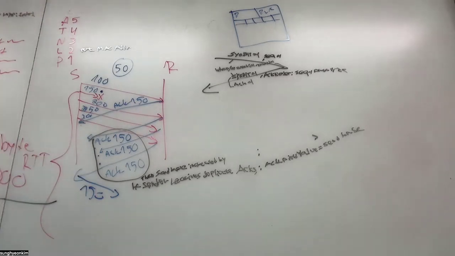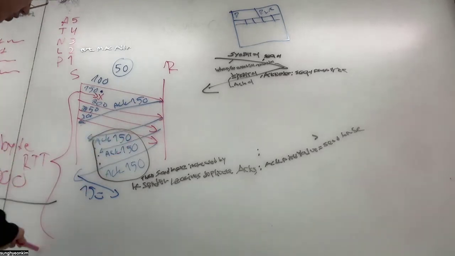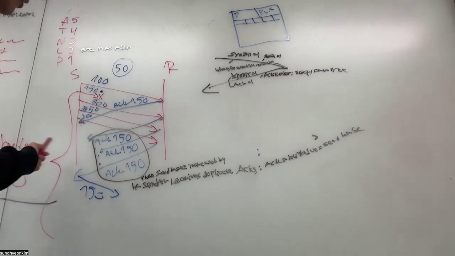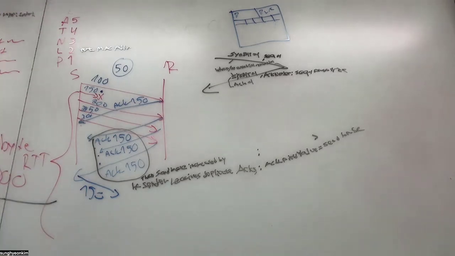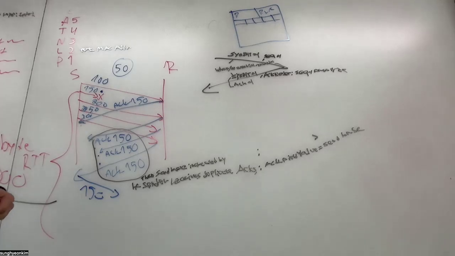Based on that, we can also know something's wrong. Then before the timeout, sender can just send 150 again. This is fast retransmission. And this is a very conceptual thing to explain the concept.